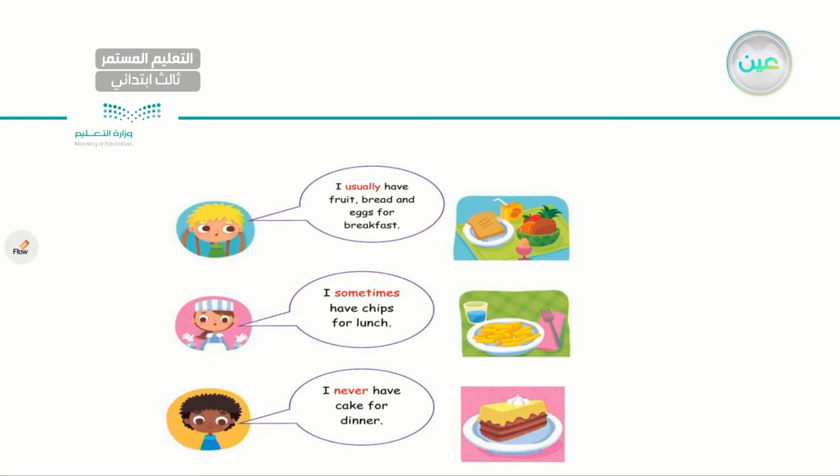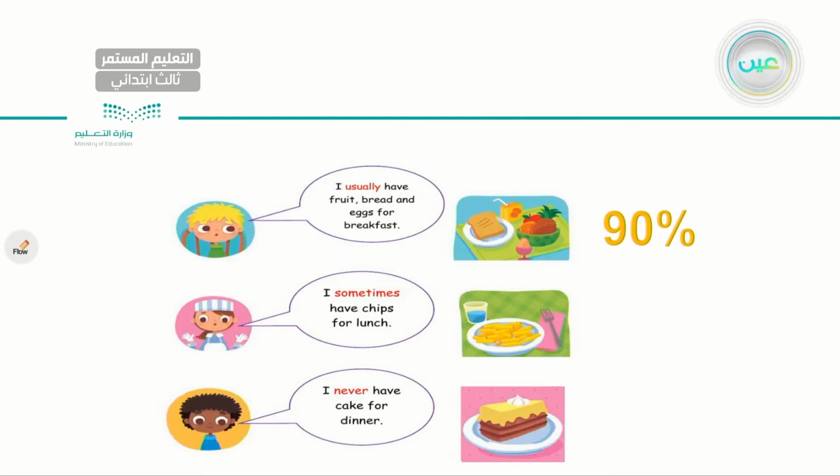For this one, my dear student, I have 3 scenarios, 3 questions, 3 pictures. I need you to add the percentage here. I usually have fruit, bread, and eggs for breakfast. What do you think the percentage is here? Usually is 90%, right? Next one.